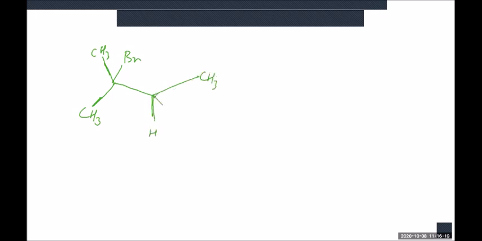The hydrogens here, there are two hydrogens, and you're going to lose one hydrogen. So when the base attacks, the base will take away the hydrogen from this direction.